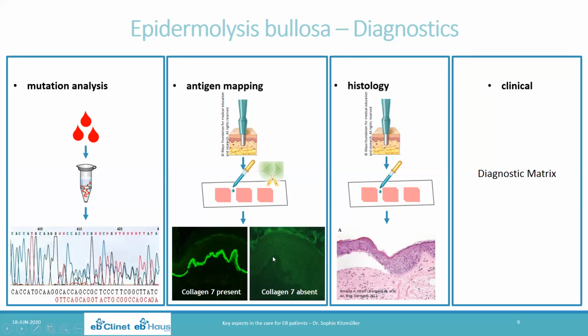Whereas this is a patient sample where you should see a staining in this lining, but you can see clearly that it is absent, which already tells you that this patient is suffering from a certain type of epidermolysis bullosa. So you're going to do this for a lot of different proteins, and then you see which ones are either present or absent, or where their amount is reduced, which is also possible.